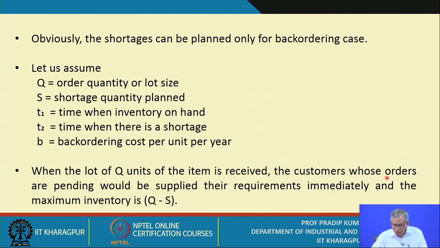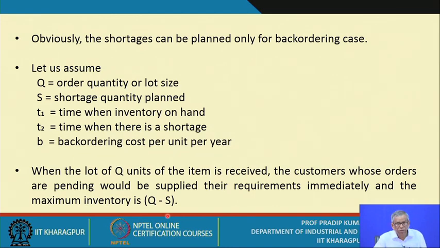The customers whose orders are pending at time t equals 0 would be supplied their requirements immediately, and the maximum inventory is Q minus S. That means as soon as you get Q units in one shot, that means instantaneous replenishment, there is a back ordering of S units. So immediately the demand for S units will be met out of Q. So now you start the cycle with Q minus S.